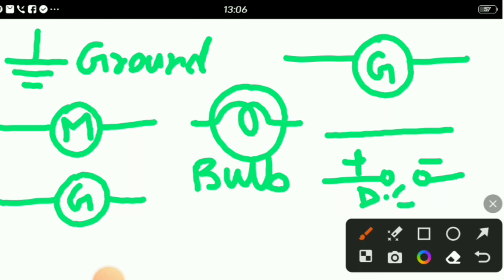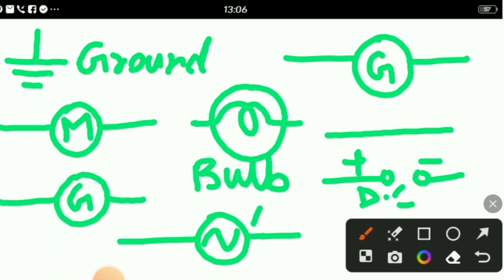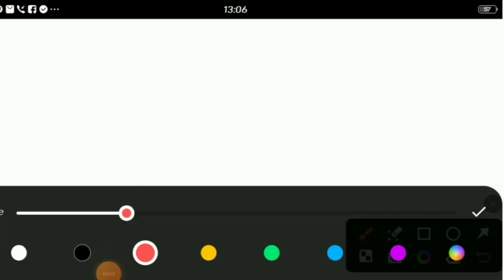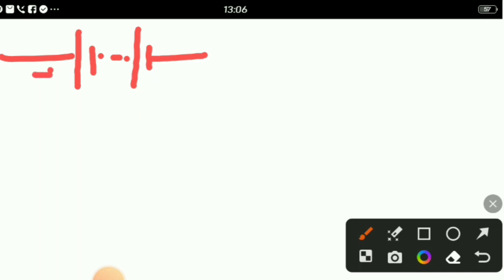Now AC supply we have already discussed, this is AC supply. Now a cell, battery is represented by this symbol, positive negative.